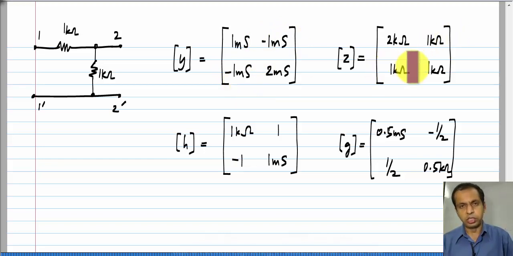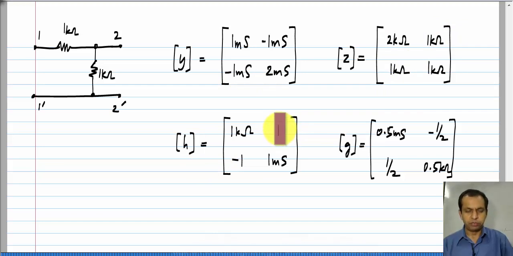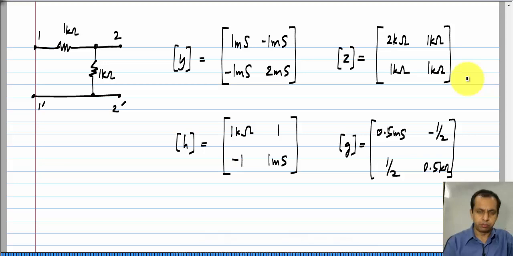Similarly, z12 and z21 are equal to each other. And if you look at the other two parameters, h12 is not equal to h21, but h12 is exactly minus h21. Similarly, g12 is exactly minus g21.